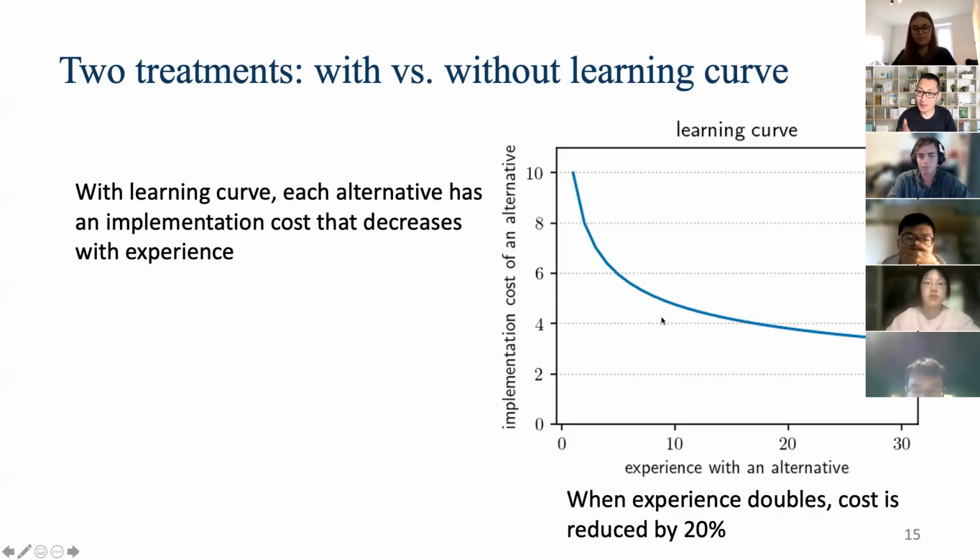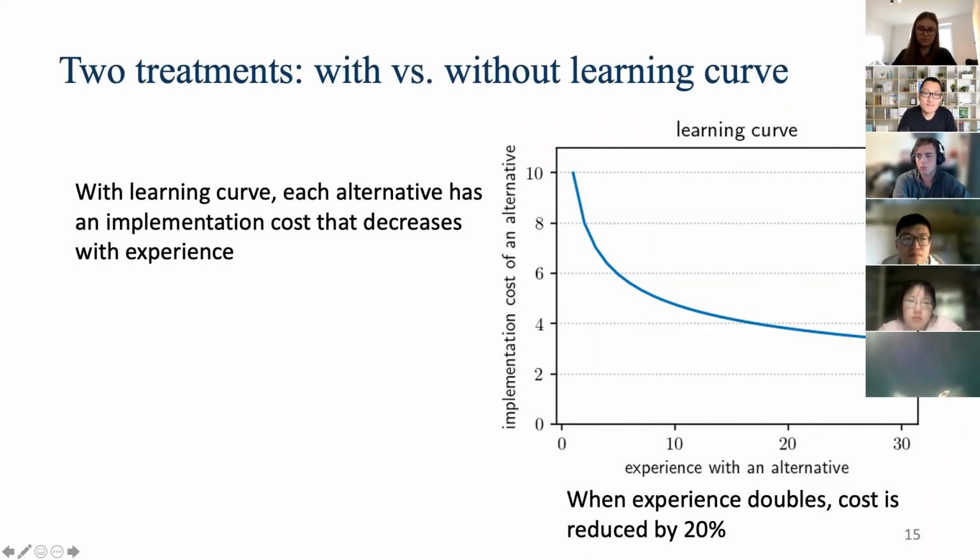And if you still remember, learning curve, as we mentioned when we talked about the boundary of the organizations, is that when you gain experience, the corresponding implementation cost, or the cost of using that technology, would decrease, right? Meaning that you become more proficient and more efficient in using that technology or that corresponding alternative.